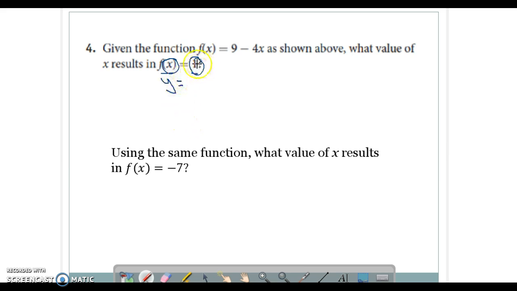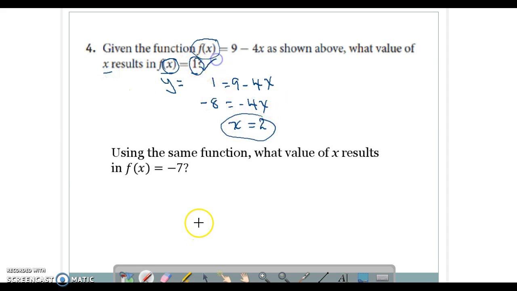So if f of x equals 1, now I'm going to replace the f of x with 1. 1 equals 9 minus 4x. Negative 8 equals negative 4x, and x equals 2. So what value of x would result in a value of y being 1? Well, the value would be x equals 2.